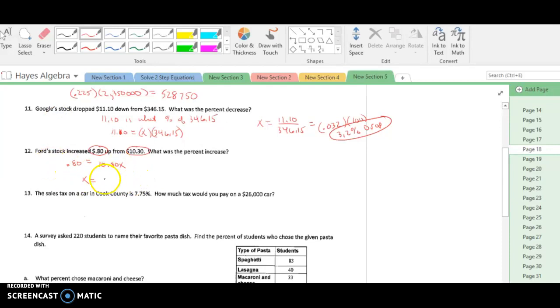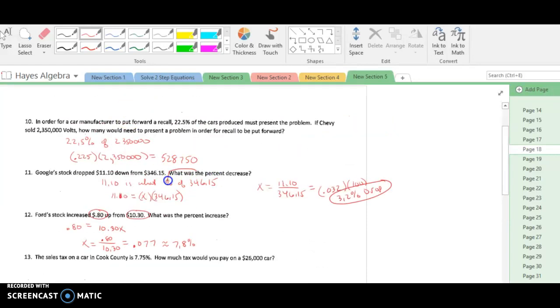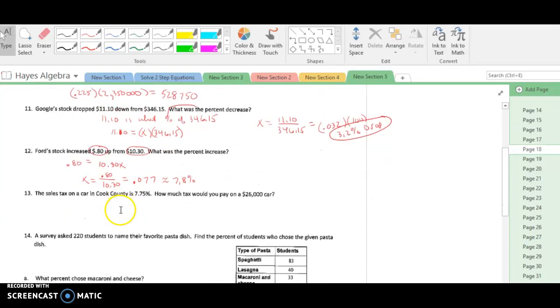So what am I going to do here? 0.80 divided by 10.30, and 0.8 divided by 10.3 gives you 0.077, which is about a 7.8% increase. Okay.